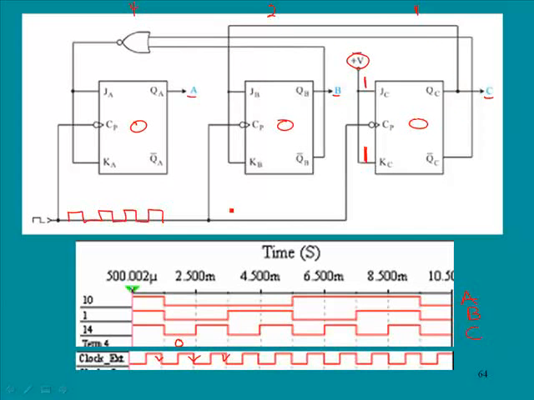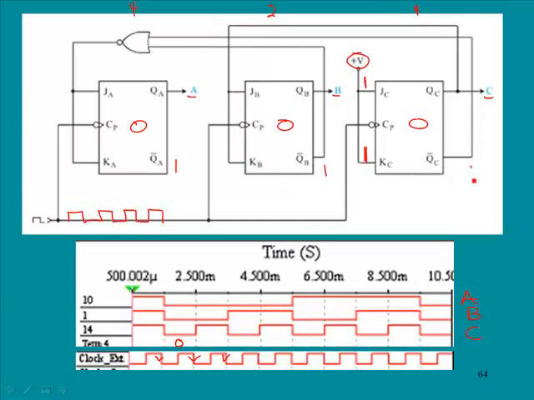So on the first clock pulse, this will not change because there is no voltage, there's a 0 here, so it will not change states. So B won't change. Now let's consider A. When we are at 0, 0, 0, let's look at the Q naught positions. Q naughts, they should all be high.